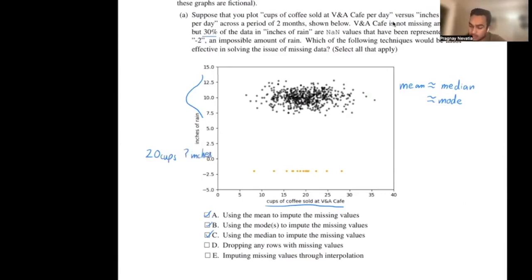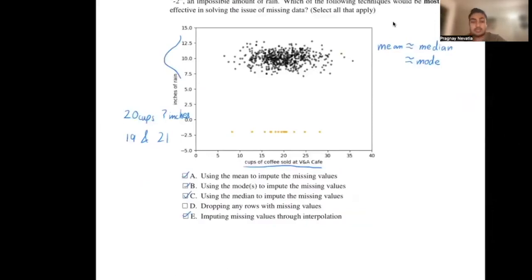So what you can do is look at all the data between 19 and 21 cups, calculate the average inches of rain in that range, and assign that value to the 20 cups data point. So that is how imputation works, very roughly speaking, and that would be a good way to go about this problem as well.